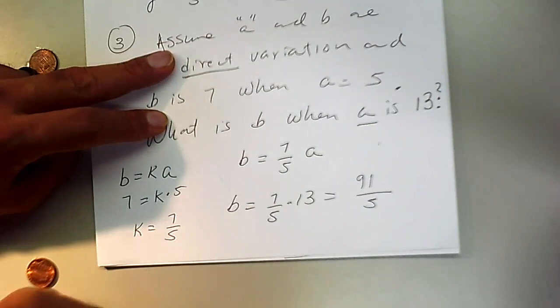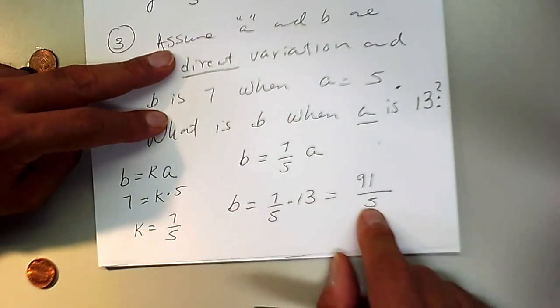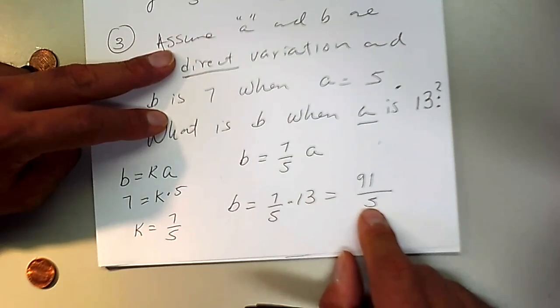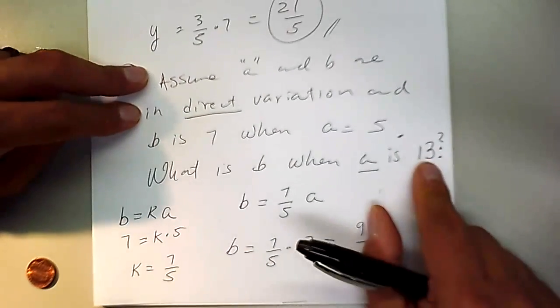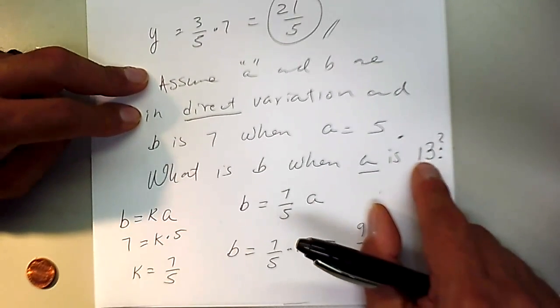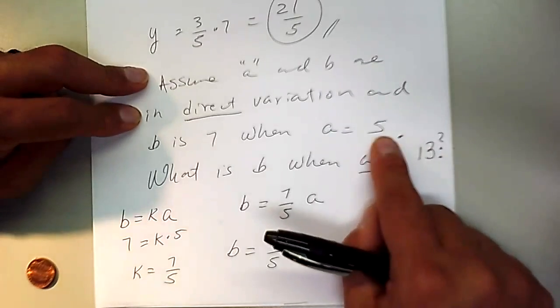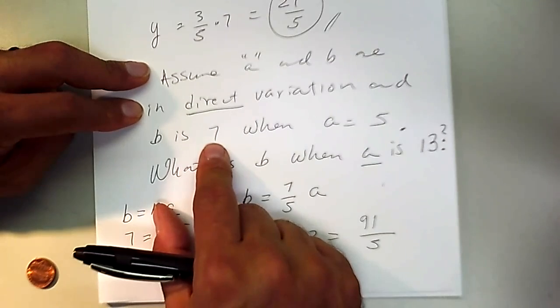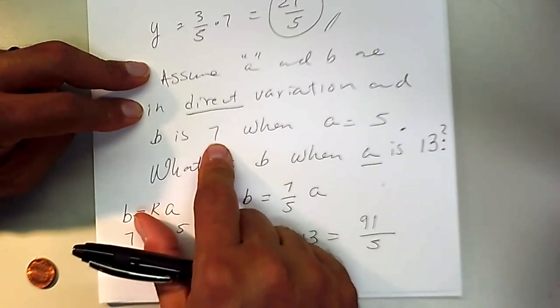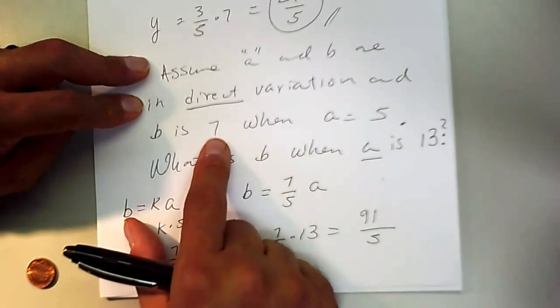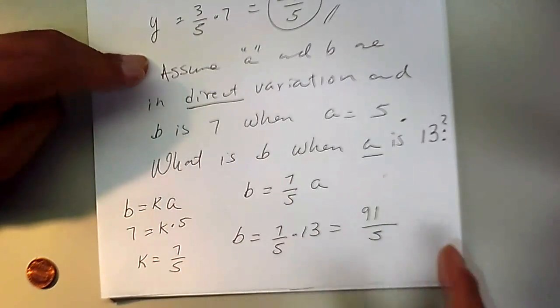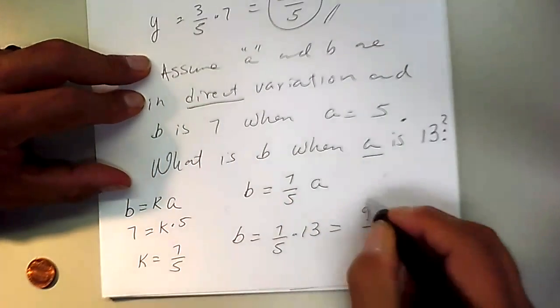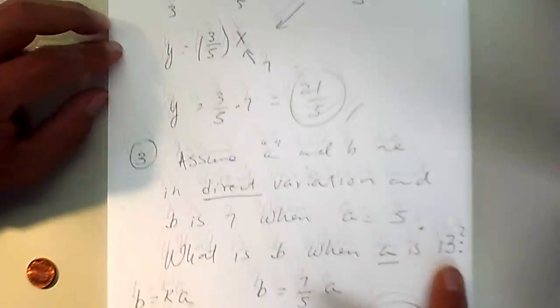Which is, by the way, 18.2, if I'm not mistaken. I'm just doing this in my head. 18.2 makes sense because this number is more than double but less than triple the 5, so the output should be more than double but less than triple the 7. Double the 7 is 14, triple the 7 is 21. We get 18.2, it makes sense. So there is our output corresponding to 13.